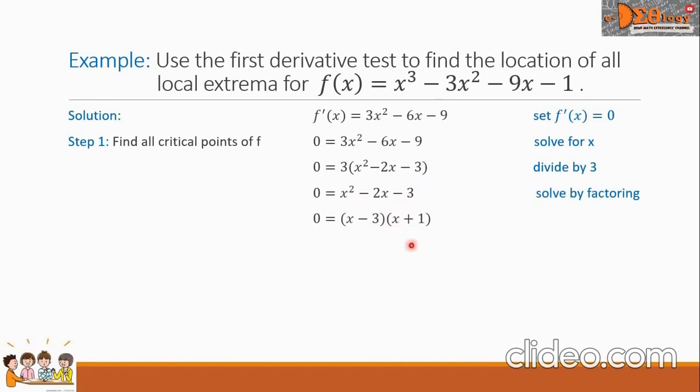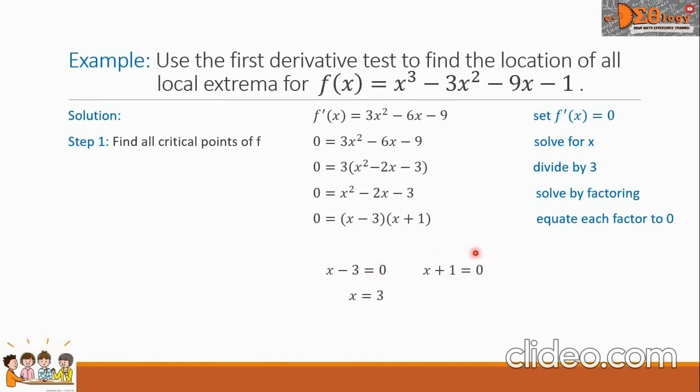And from here, let us equate each factor to 0. So x minus 3 equals 0, and x plus 1 equals 0. Solving for x in the first equation, we transpose the negative 3 to the right. So x is equal to positive 3.